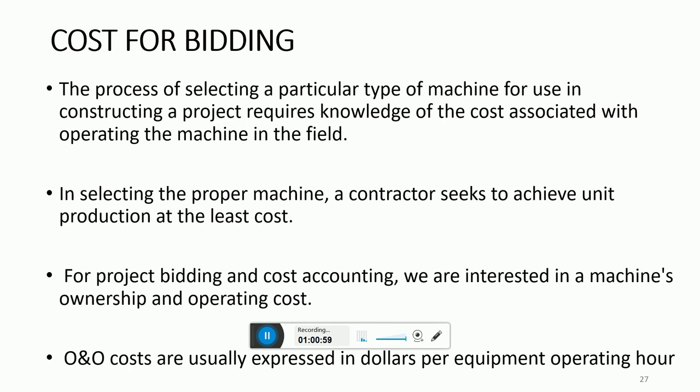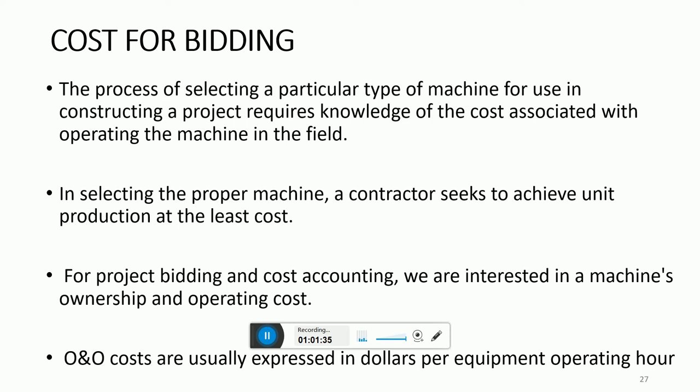The process of selecting any type of machine for use in a project requires a deep knowledge of costs associated with operating the machine in the field, and also the unit production rate, at which rate this machine will work. These costs can be used for project bidding and cost accounting. So here we are interested in both ownership cost and operating cost.